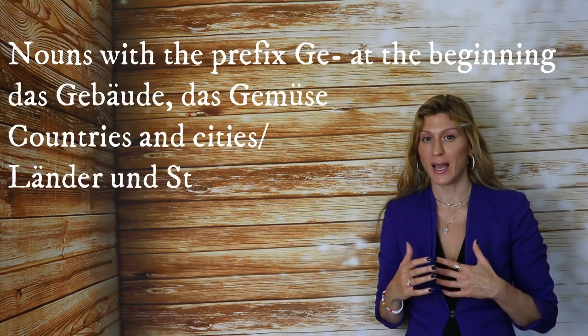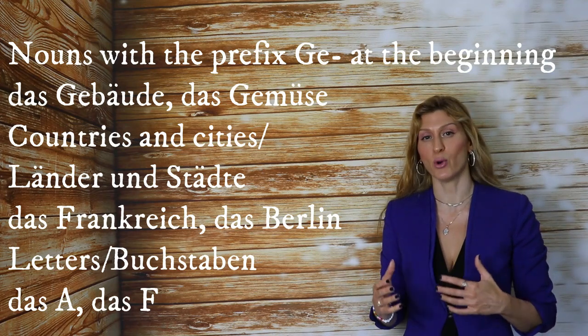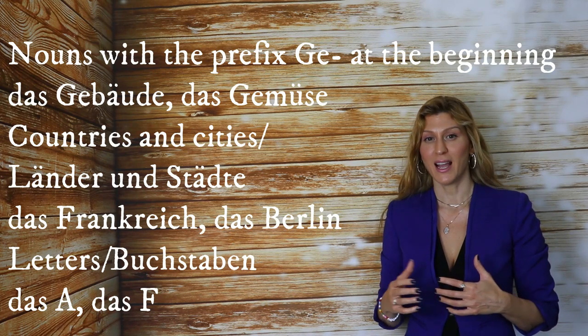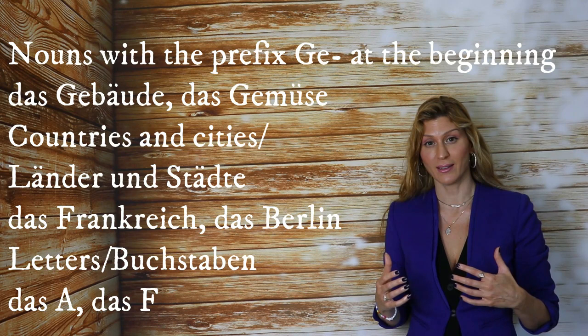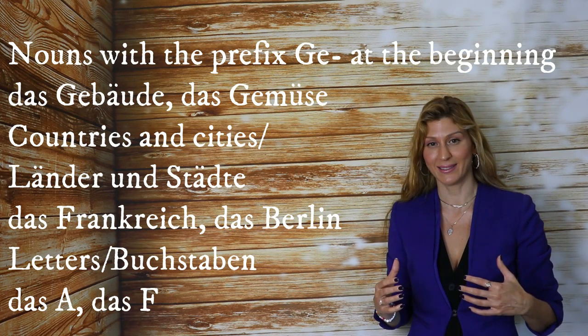When a noun has the prefix ge at the beginning, das Gebäude, das Gemüse. Countries and cities, Länder und Städte, das Frankreich, das Berlin.